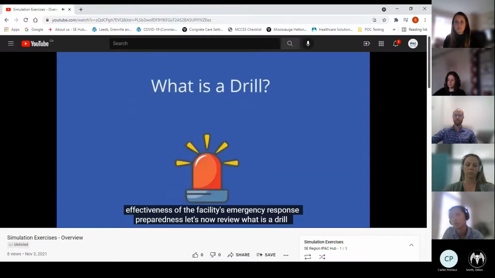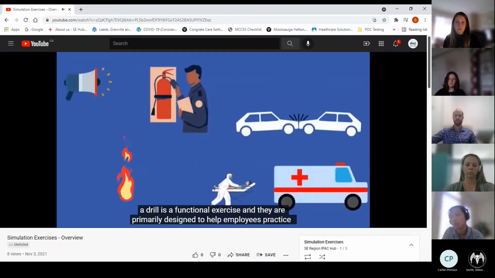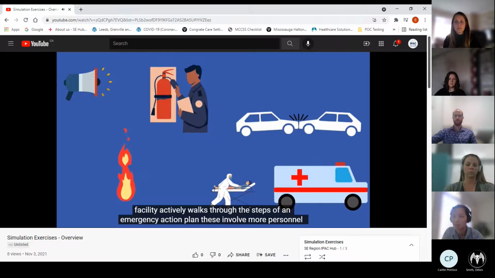Let's now review what is a drill. A drill is a functional exercise, and they are primarily designed to help employees practice specific tasks or routines related to their role. Drills are operation-based exercises in which a facility actively walks through the steps of an emergency action plan.